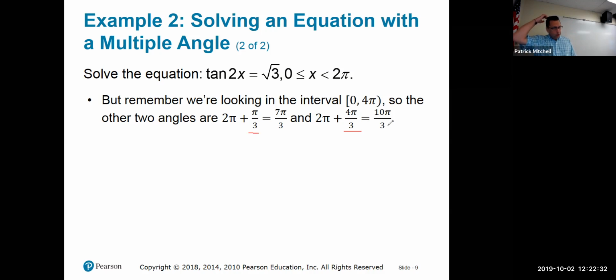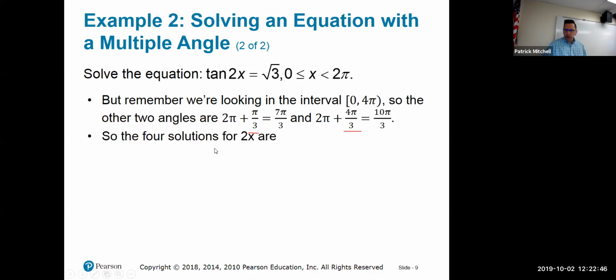So there are a total of 4 angles between 0 and 4 pi whose tangent is the square root of 3. Those angles are pi over 3, 4 pi over 3, 7 pi over 3, and 10 pi over 3. So the very last thing I'm going to do is say, okay, well, that's nice. I know everything there is to know about 2x, but what I really wanted to know about was x.